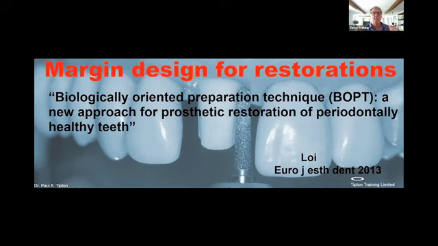If you put the margin within that first millimeter gingival crevice, then in theory, with good cleaning, we should keep a healthy periodontium. You go below that, so you put your margin deeper than 1 millimeter. What happens now?